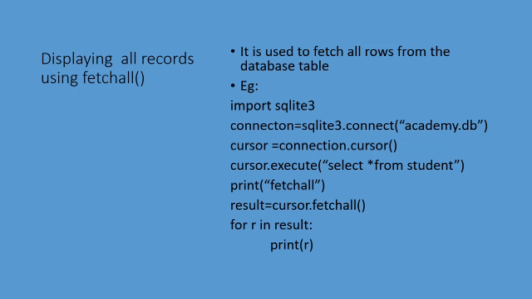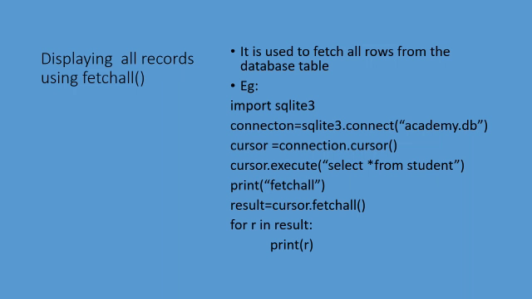Next, print fetch all, so the message will be printed. Next, result equal to cursor.fetchall. What is the meaning of it? The fetchall function will fetch all the records, and cursor is used to traverse through the records. It is stored in result.